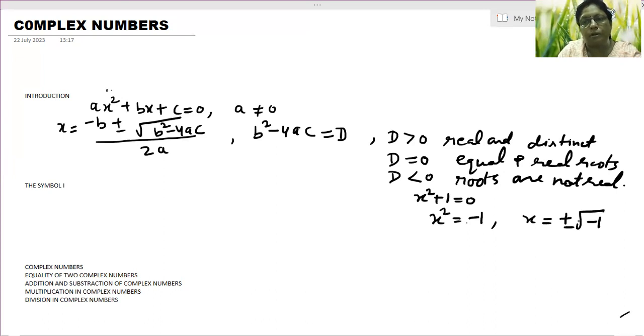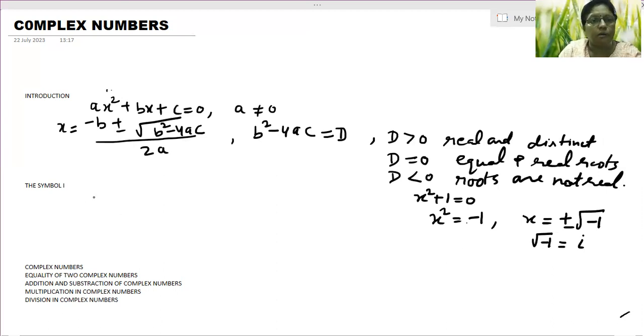So this under root minus 1 is called iota. Under root minus 1 is called iota, small i. A mathematician gave its name first, which was Euler. Okay, so i is equal to under root minus 1.